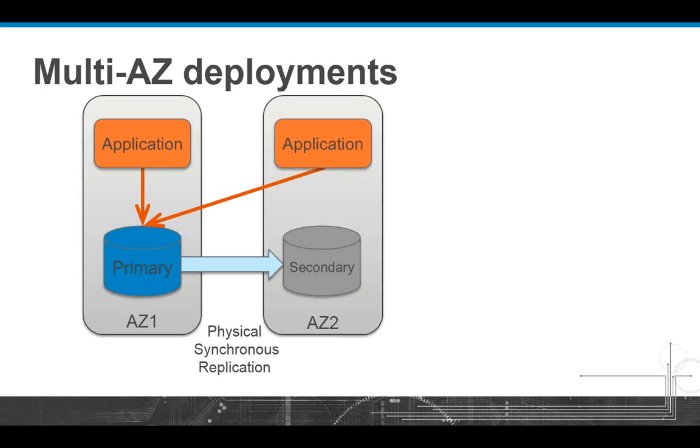And from the application side, we recommend that you have redundancy in the application tier as well using ELB or similar technologies, so that if there is a failure in any of the components of your application architecture, you can fail over to the healthy availability zone and resume updates to your applications.